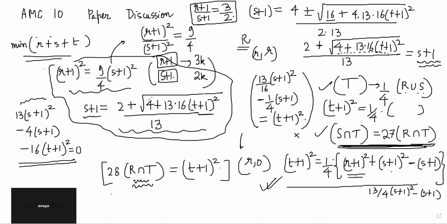From here, what can we say? Maybe we should have done that only in the beginning. I have complicated it too much. So what we are saying is r plus 1 whole square by s plus 1 whole square was 9 by 4.